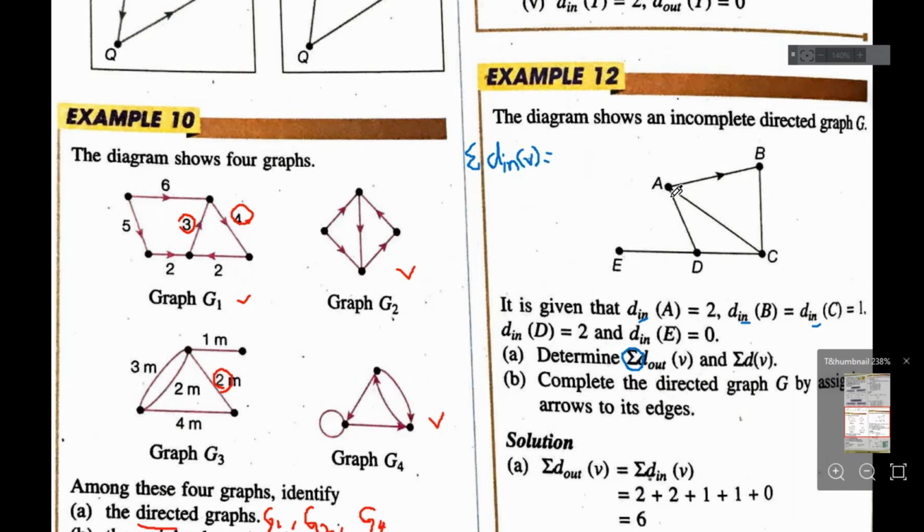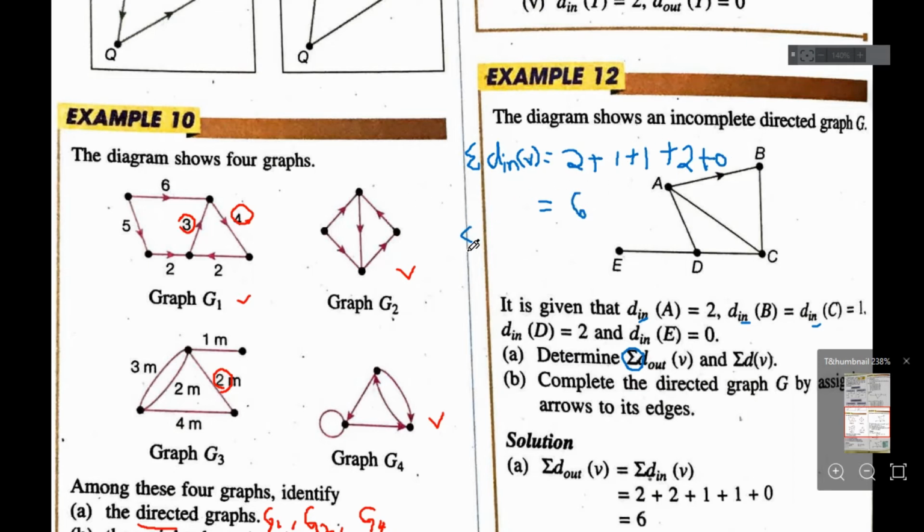For vertex A, in degree of A equals 2. For vertex B, in degree of B equals 1. Vertex C equals 1 also. D equals 2. And for E, in degree of E equals 0. So the total will be 2 plus 1 plus 1 plus 2 plus 0 equals 6.